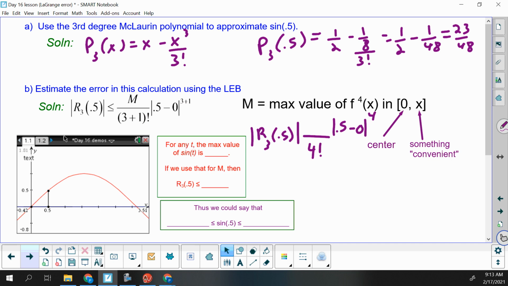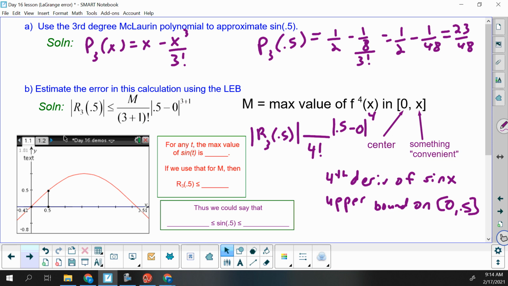The big decision we have is, what is that value of M? M should be an upper bound on our interval of 0 to 0.5. And it should be on our next derivative, I should say. So on our 4th derivative. So we need to think of the 4th derivative of sine. What is an upper bound on 0 to 0.5?